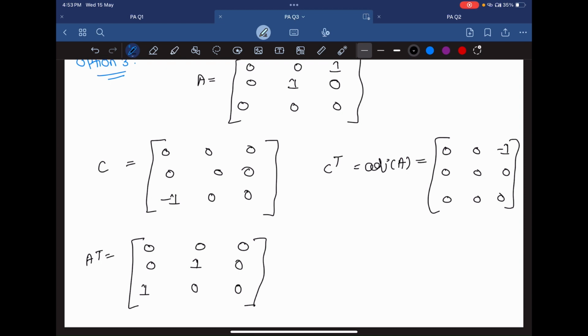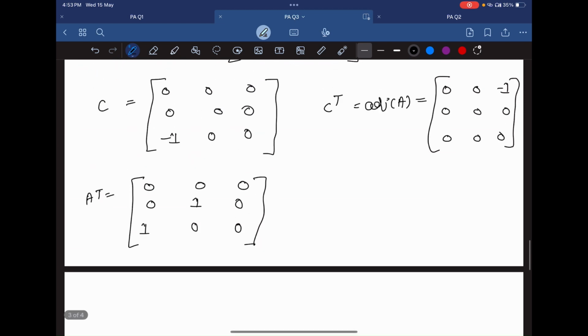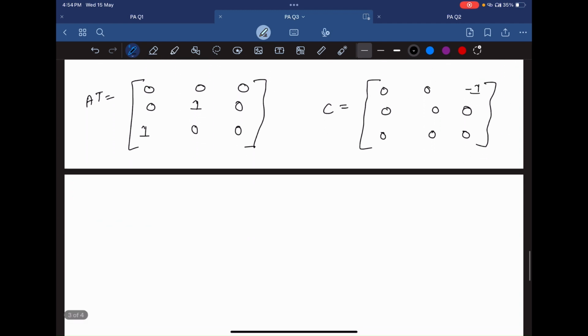And let's try calculating the cofactor matrix. This will be the cofactor matrix. We will use the same method that we did before for calculating the cofactor matrix. Now the transpose of the cofactor matrix.